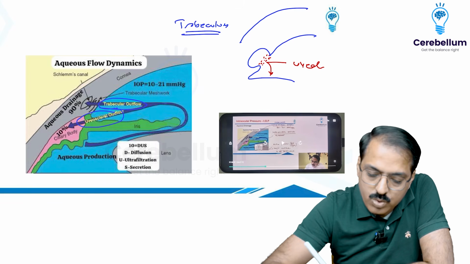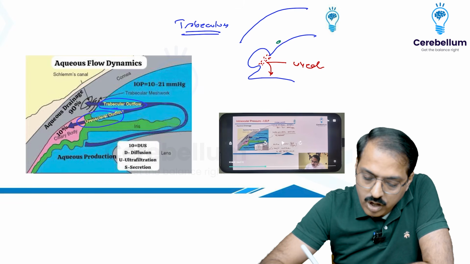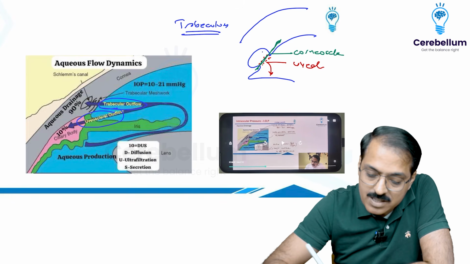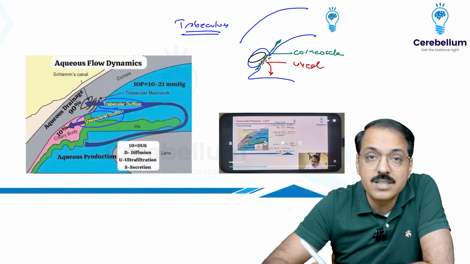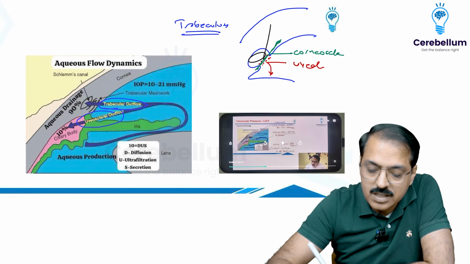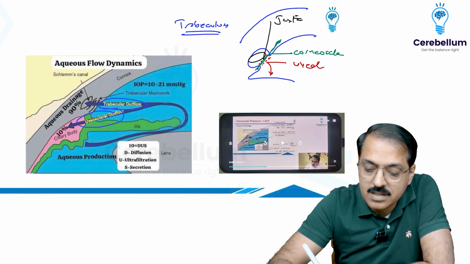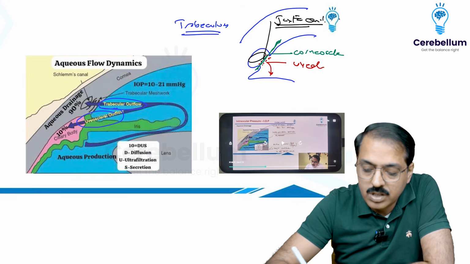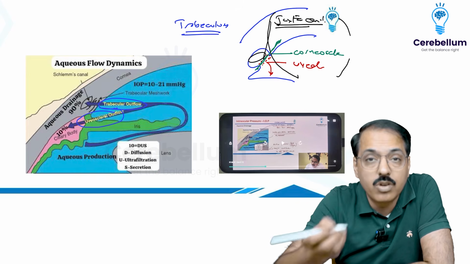The part which is going from the cornea to sclera is the corneoscleral, that is the second part. And the part which is just beside the canal, the Schlemm's canal, is the juxtacanalicular, beside the canal. So these are the three parts of the trabeculum.